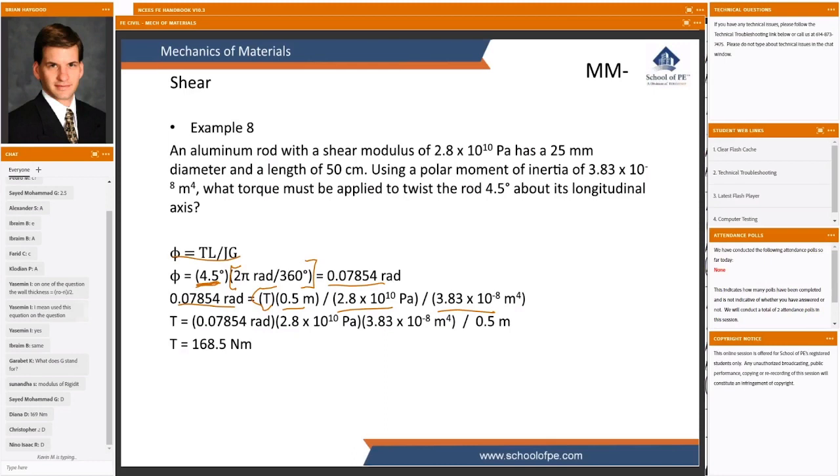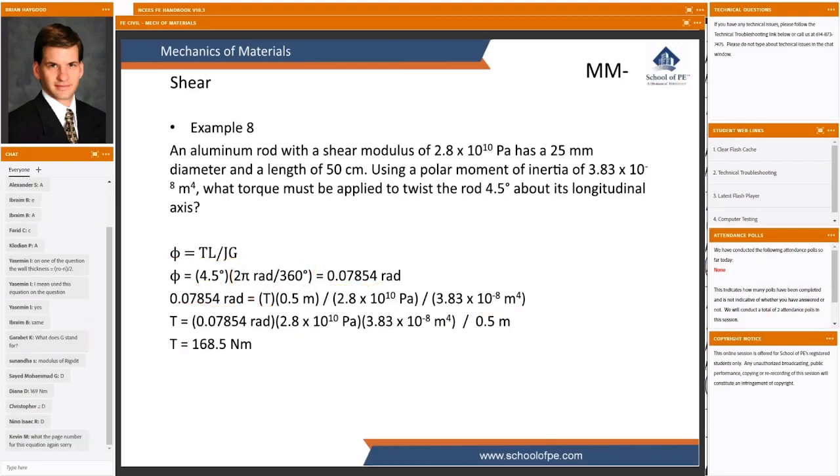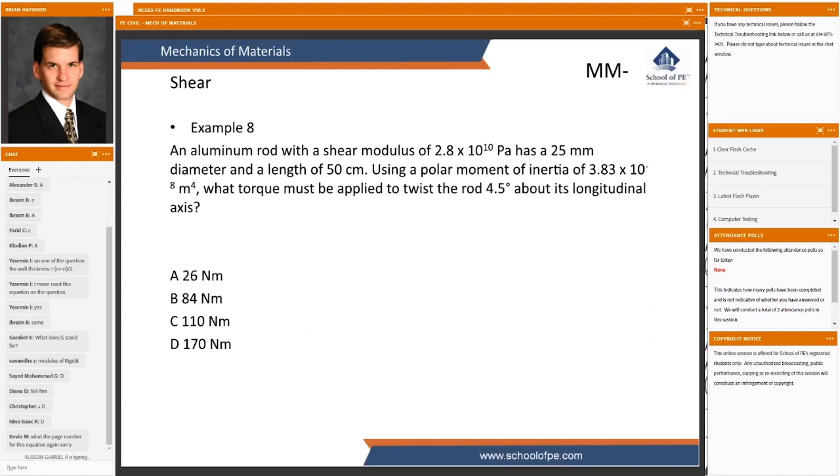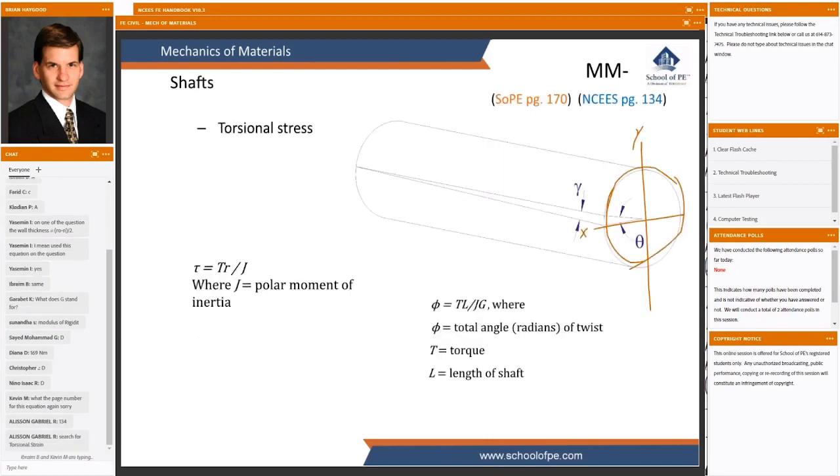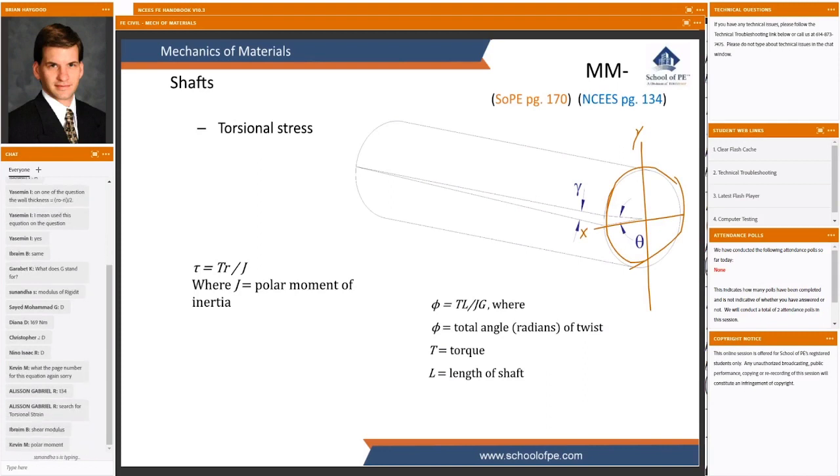Answer D. What's the page number? No idea. Well, a better thing, rather than ask what the page number is, let's ask what word you are going to search for to find it. So if you found the page, or if you haven't found the page, what do you think would be the key word for this? Since we've got the total angle of twist, the term twist isn't used very often, you could try the word twist.